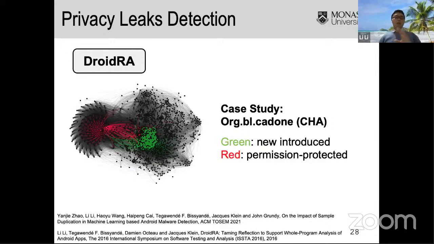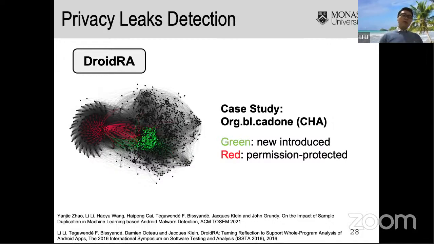So when we tackled the reflection problem, we could enlarge the call graphs. As you can see, there are many nodes in green and red added to the call graphs. And also the red points actually measure access to some dangerous behaviors, which are protected by permissions in the Android system, which shows that reflection is not only difficult for static analysis approaches to handle.